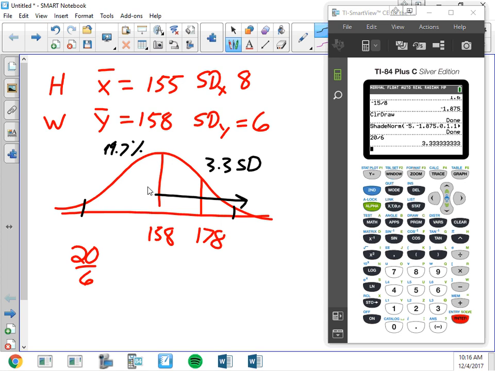Why not 100? You never reach 100. Right? Percentile is how many people are you taller than. So if you are the 0 percentile, you are the shortest person. If you're the 98th percentile, there is one person out of 100 that's taller than you. Okay?